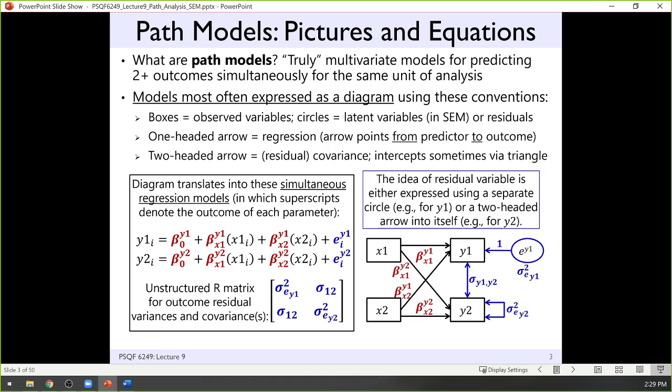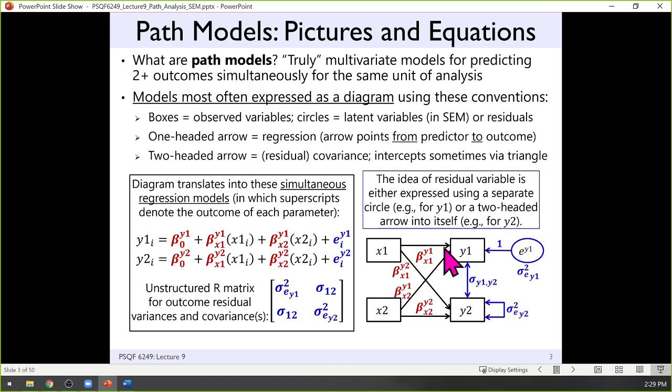You can think of errors as unobserved pretend things because they don't exist until you fit a model to them. If you have a two-headed arrow, like the one here on slide 3, that's a covariance. So it's an undirected relationship, whereas an arrow that has one side be the arrow is a directed relationship. So X in this picture is a predictor of Y.